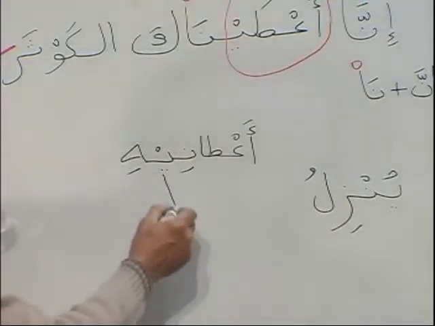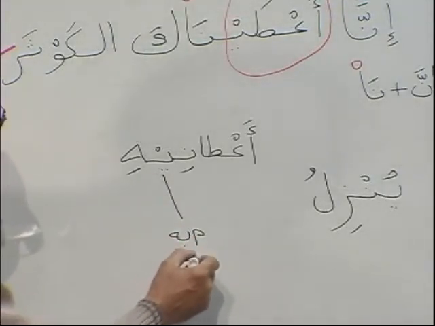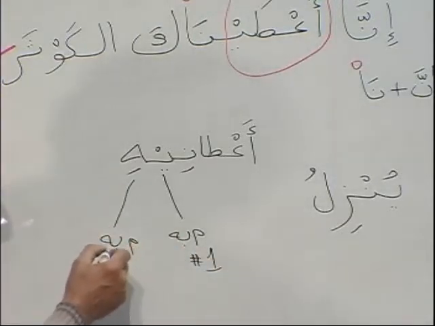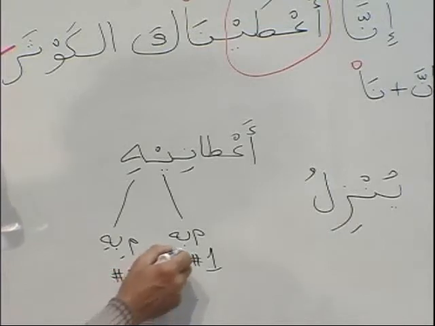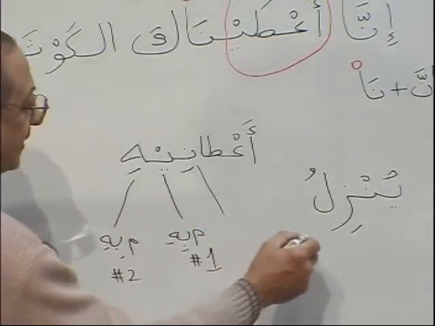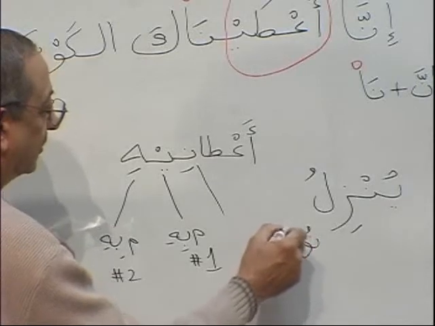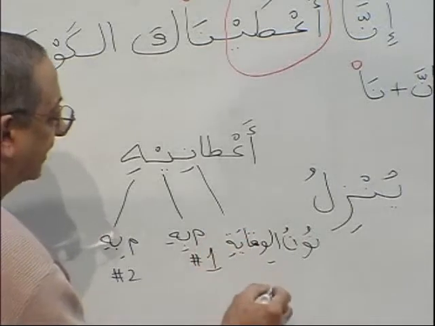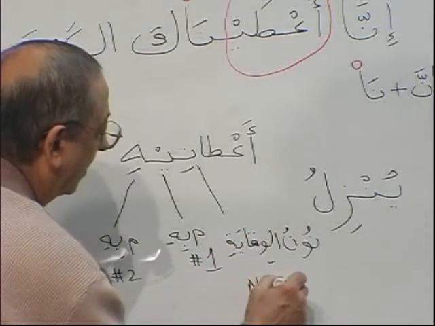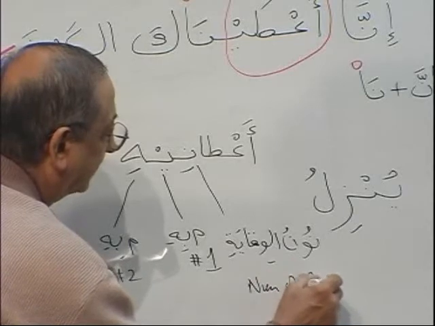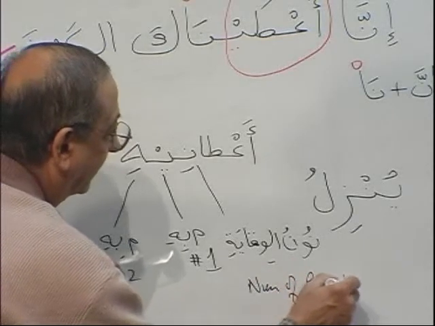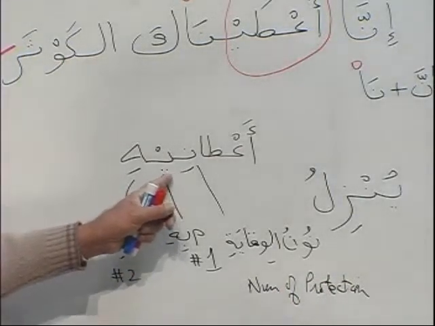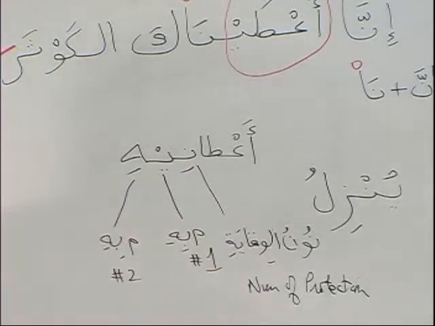This is your mafulun bihi number 1. This is your mafulun bihi number 2. What is this? Nunul vikayati. What is the meaning of it? Noon of protection. It protects the verb from getting ruined, because otherwise the ya mutakallim will give it a kasra. Okay?